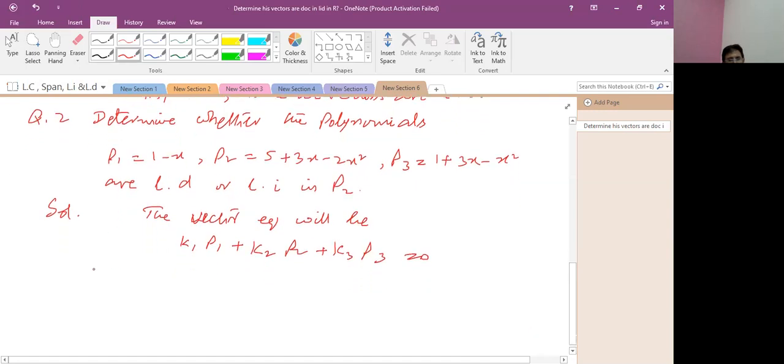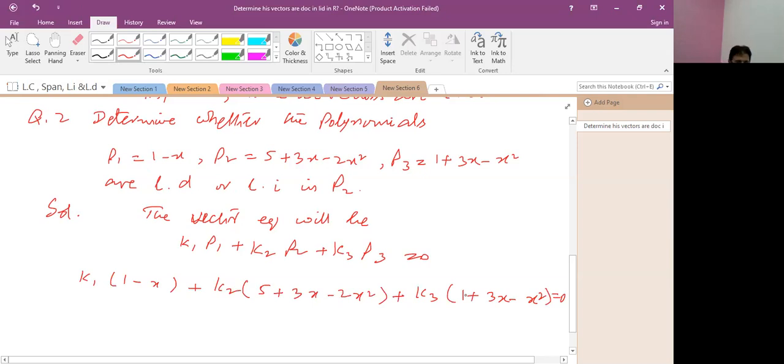So first we write here k1 (1 minus x) plus k2 (5 plus 3x minus 2 times x square) plus k3 (1 plus 3x minus x square) equals to 0. After that, student, what is constant? It means x raised to the power 0. We separate and write an expression.